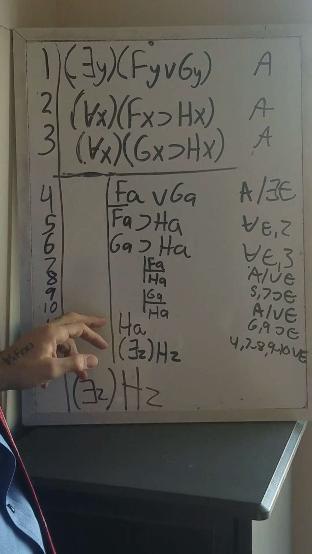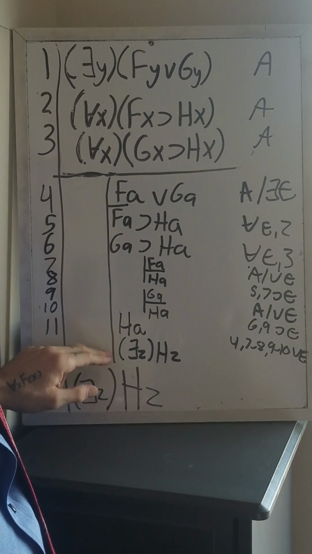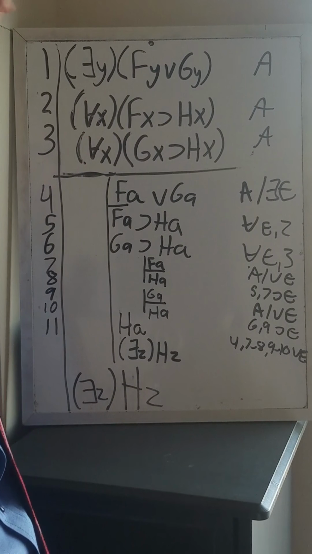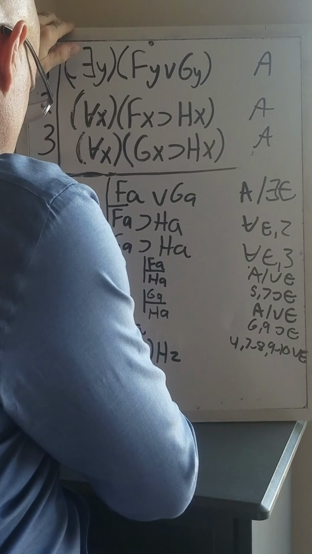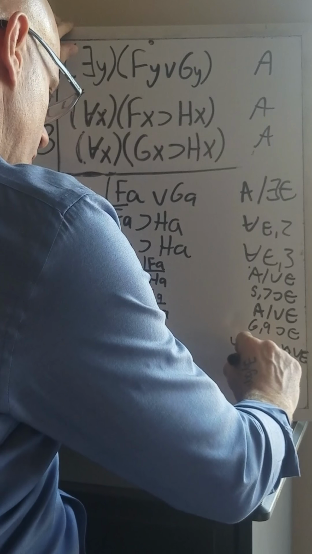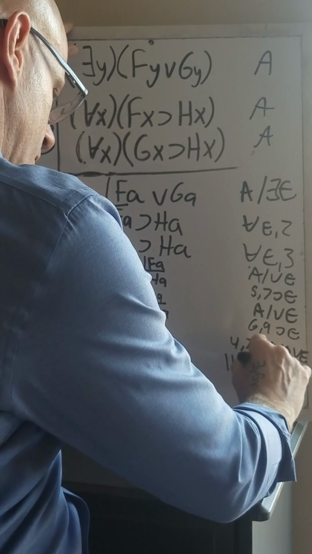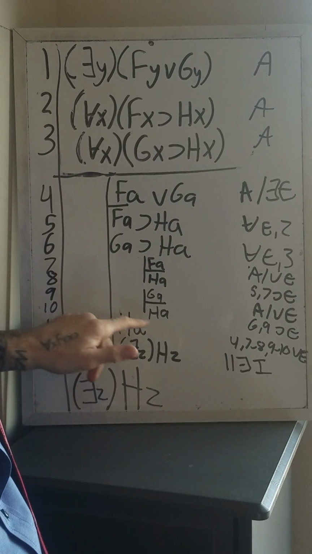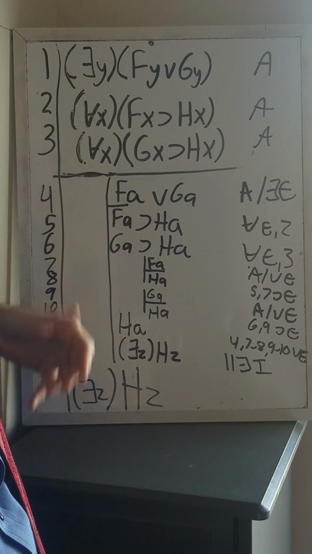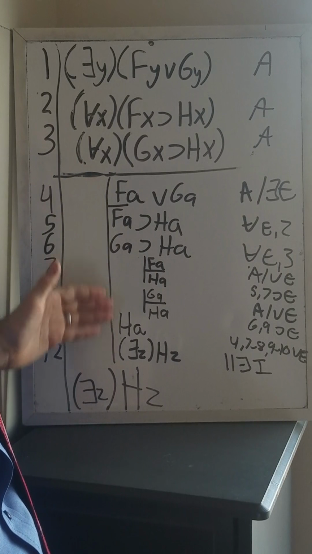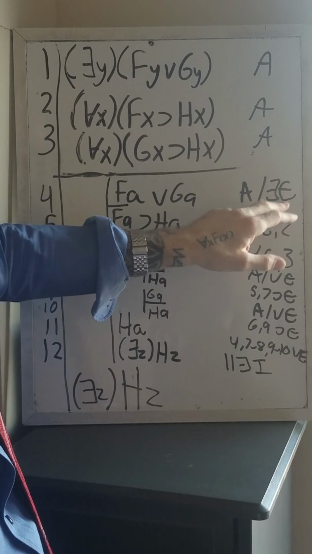Now we can use existential introduction on line 11. That'll be our 12, because if A is H, then something's H. And now we've met all of our restrictions for using existential elimination.